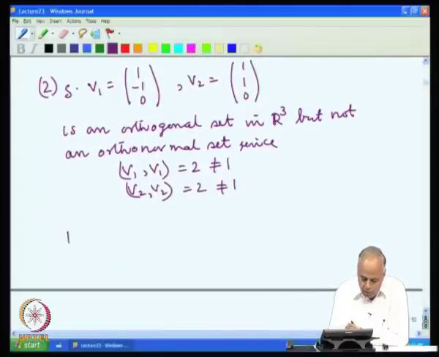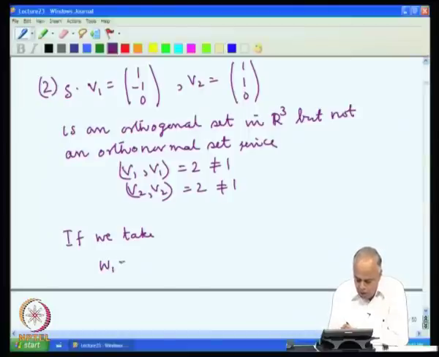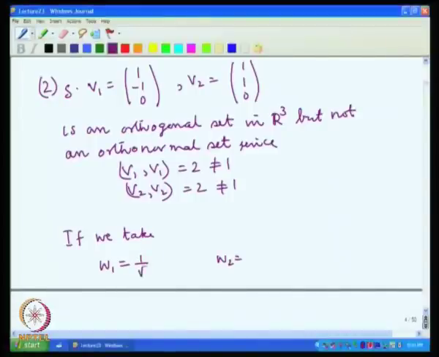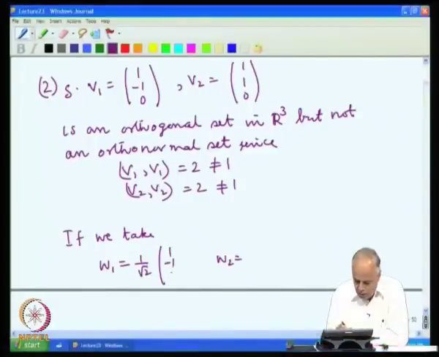But now, if we take the new vectors w_1 and w_2, which are obtained by normalizing v_1 and v_2, what is meant by normalizing? They do not have length 1. So now we divide by the length, then we get a unit vector. We take v_1 and divide by its length, which is square root of 2, and we take v_2 and divide by its length.